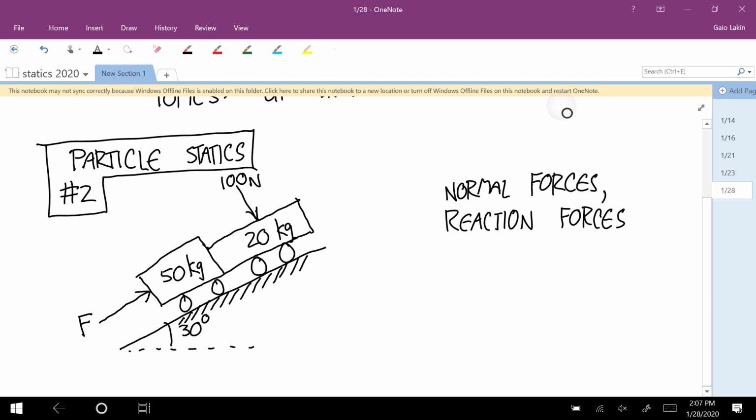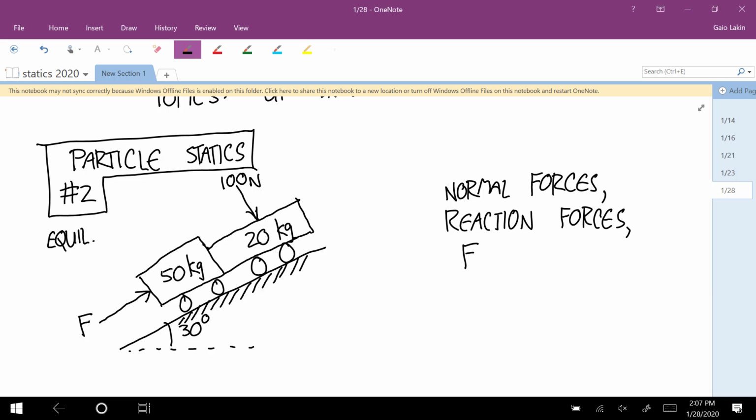And we want to calculate F. So we're assuming that this is in equilibrium. So if it's in equilibrium, what do we know about the motion of those 2 carts?